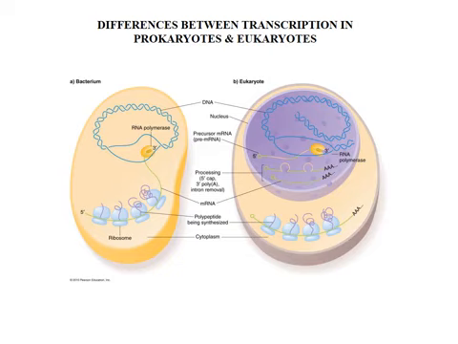For the enzymes involved, both eukaryotes and prokaryotes involve RNA polymerase, but the number of RNA polymerases differs. In prokaryotes only one RNA polymerase is involved, whereas in eukaryotes three RNA polymerases are involved.